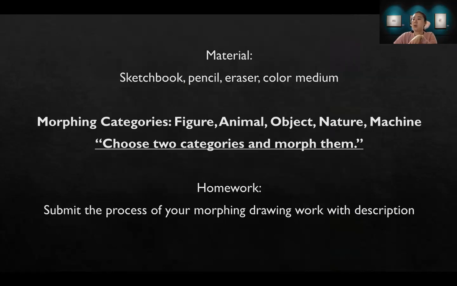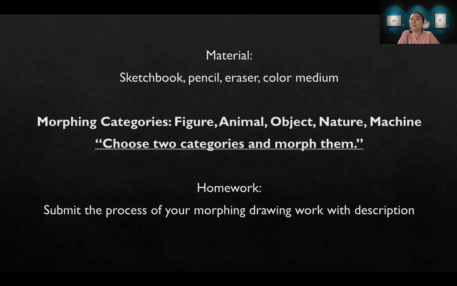So, you will need a sketchbook, pencil, eraser, and any color medium you have for this project. There are 5 categories: figure, animal, object, nature, or machine. Please choose at least 2 categories and morph them.